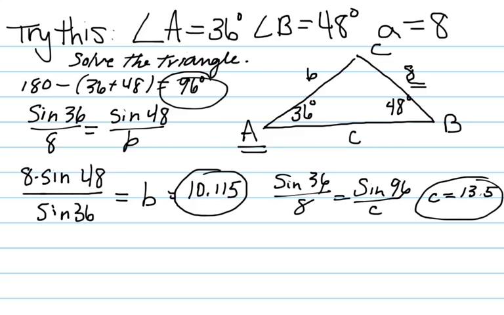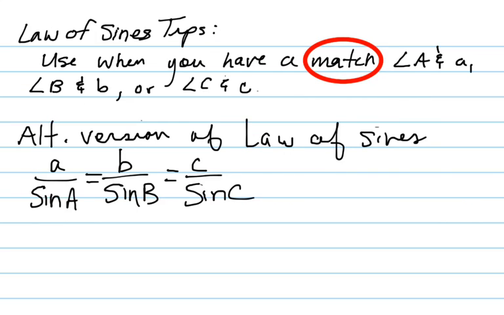Easy enough. A couple other things we want to talk about. This is what I said earlier, so if you didn't get that down, here it is again. If you have a match, like angle A and side length A, or angle B and side length B, or C and C, that's when you're going to want to use the law of sines.